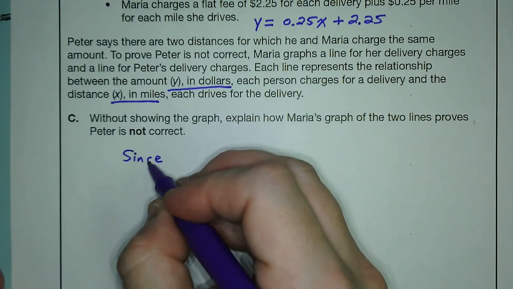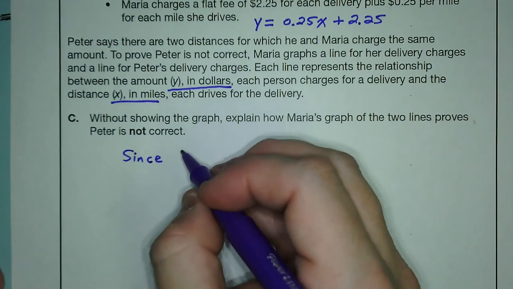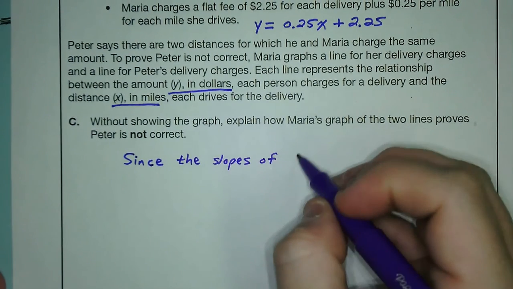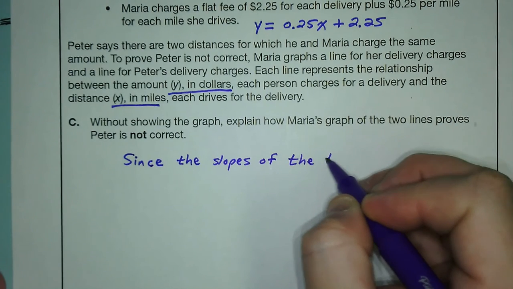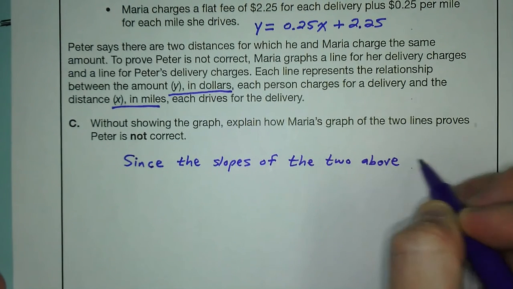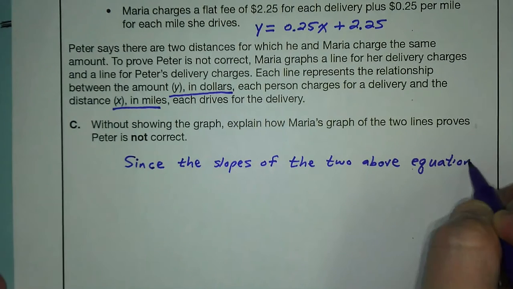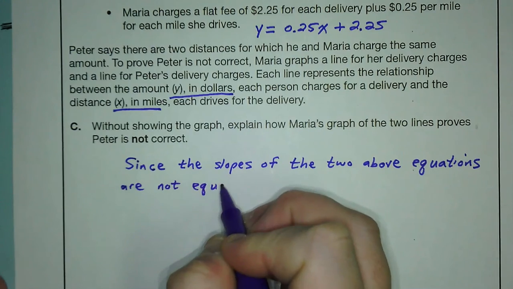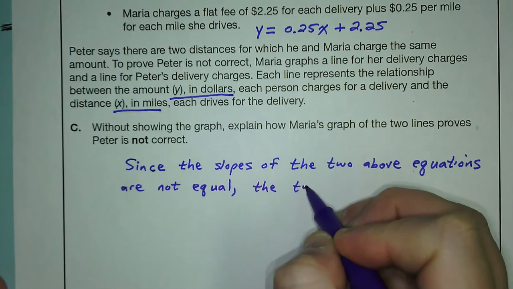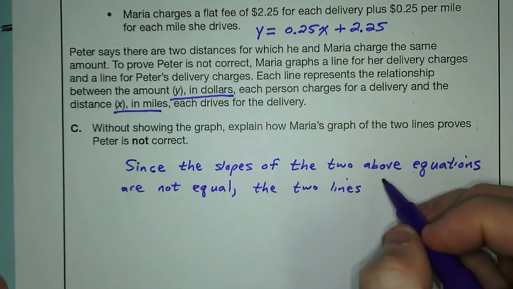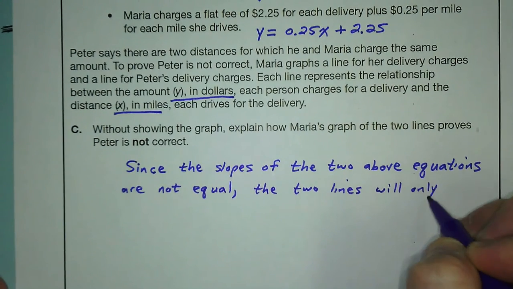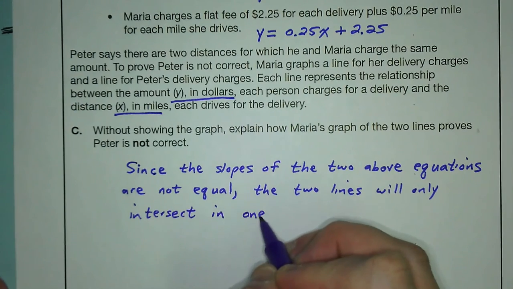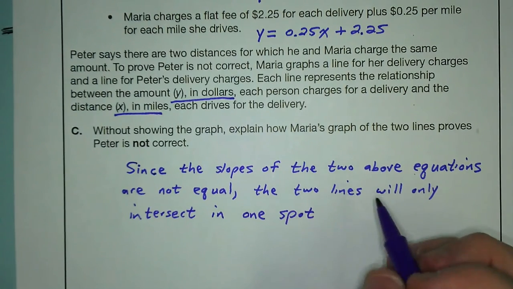I almost want to write a first draft here first, but since the slopes of the two above equations are not equal or not the same, the two lines will only intersect in one spot, or they will only have one point in common.